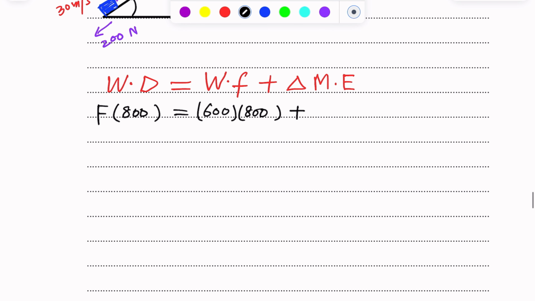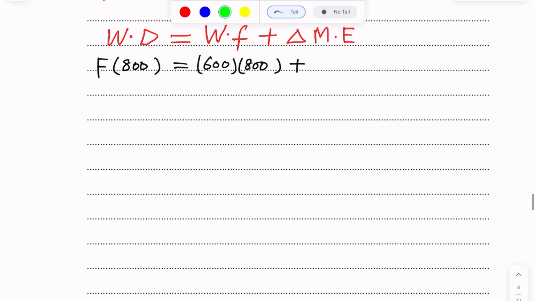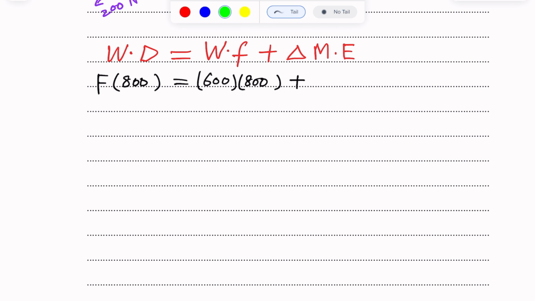Now, to find the change in mechanical energy, first we will find the mechanical energy at the bottom and the mechanical energy at the top. We know that mechanical energy is the sum of potential energy and kinetic energy. Let this be equation number 1.